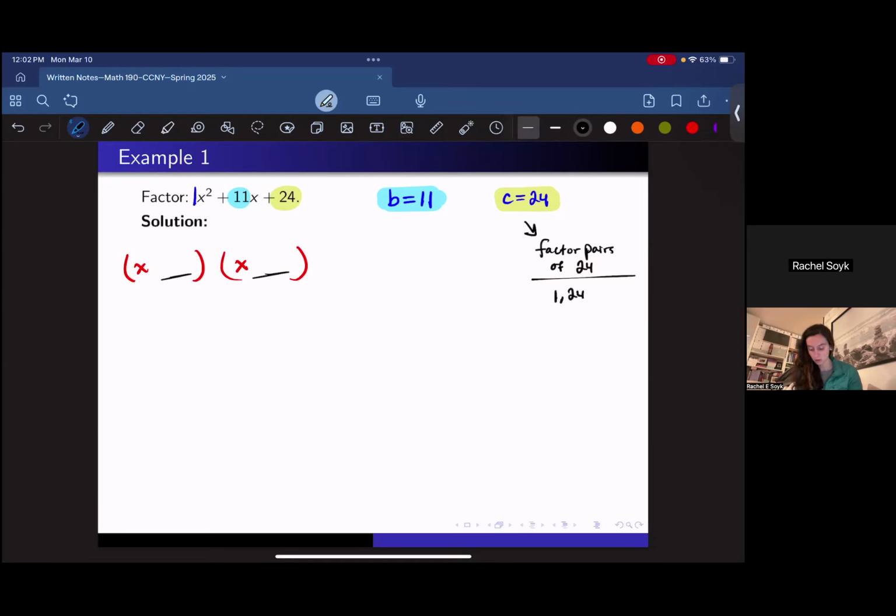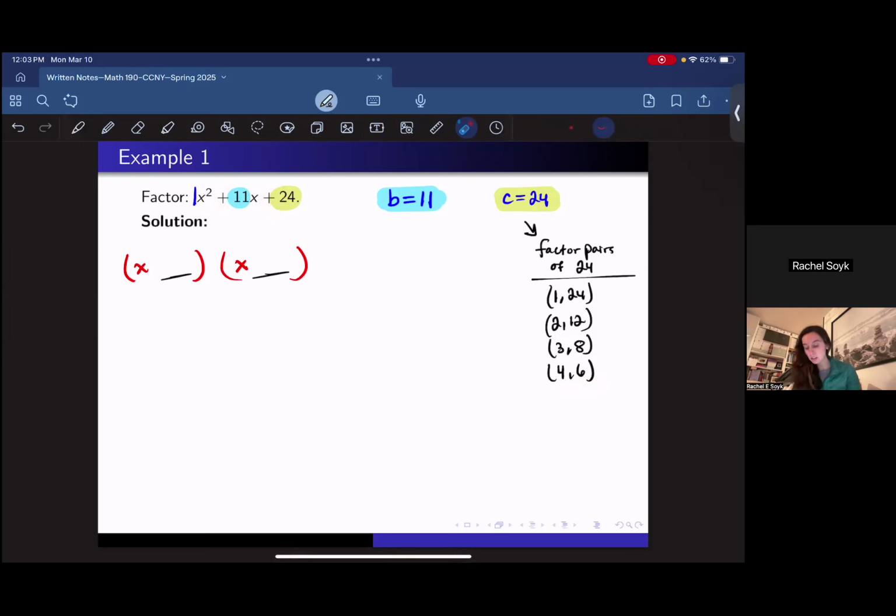1, 24. 2 goes into 24 12 times. 3 goes in 8 times. 4 goes in 6 times. 5 doesn't go in, and then 6 we already just did, so we are done. Are there any negatives? Do we have to do some manipulation here? Nope, because we have 2 positives.